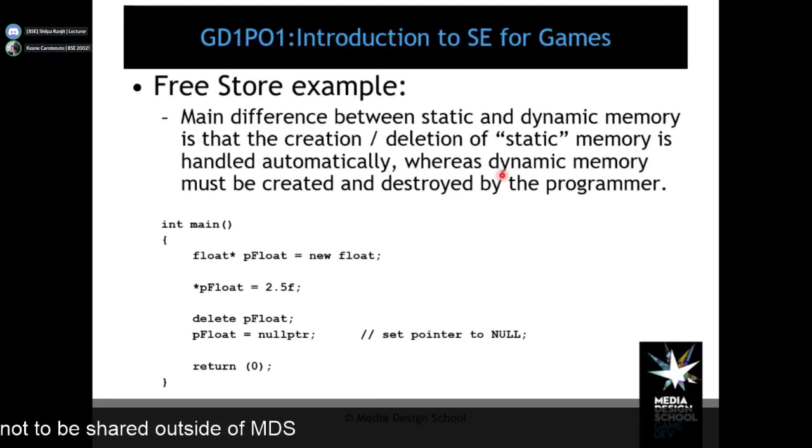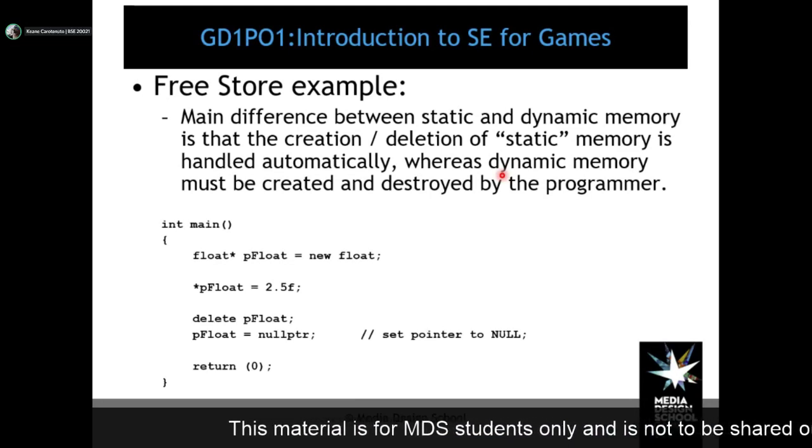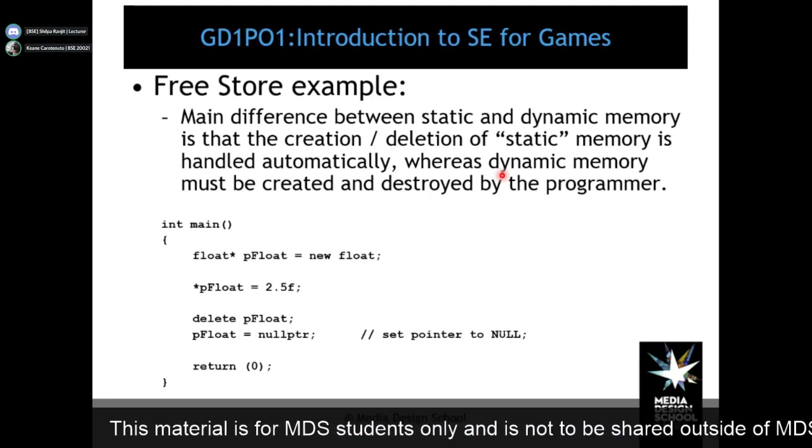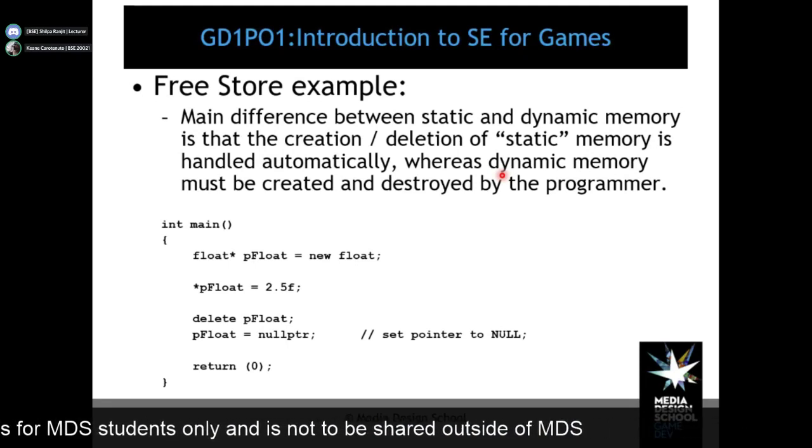When I say static memory allocation, maybe I'm talking about an array that's allocated, or maybe a normal variable. Any variable that is defined within a block or within a function gets destroyed after the end of that block or after the end of that function. So that automatically happens.